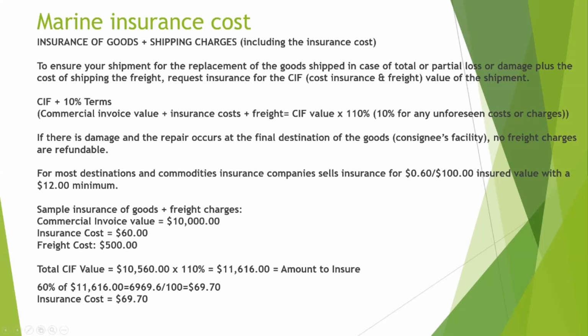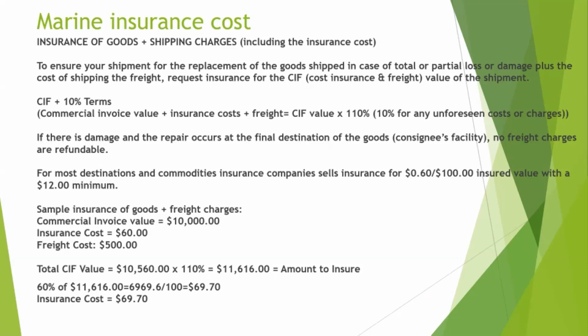Then the rate would be applicable for the insurance. So the 60 cents per 100 will be applied to this 11,616. So it would be 69.70, the total charge for insurance in terms of CIF. You see here, this is the total insurance charge for CIF business.